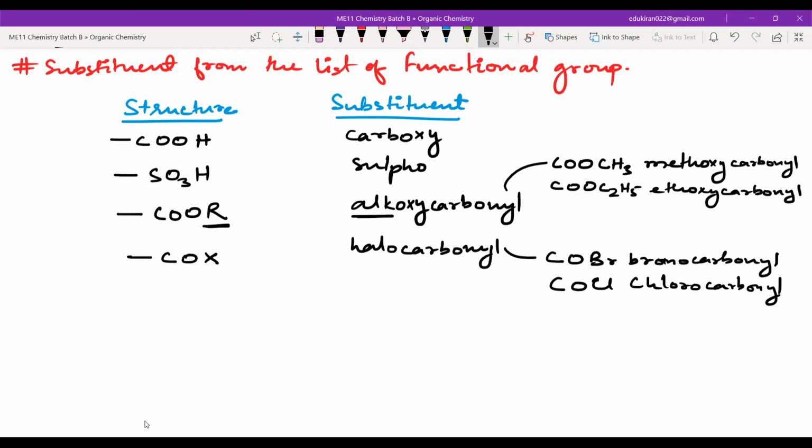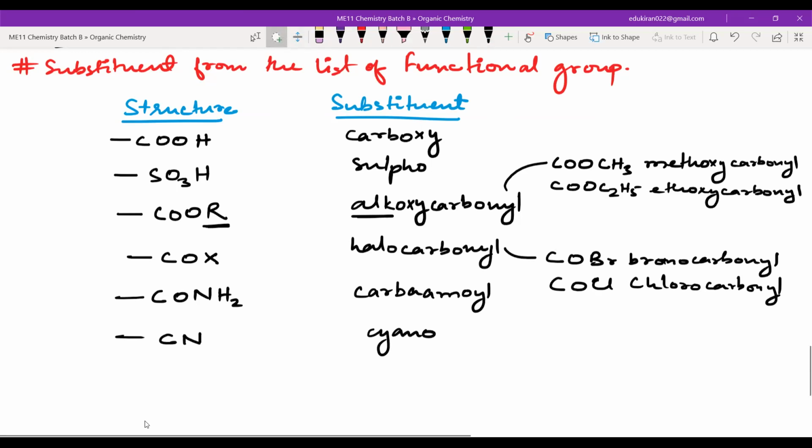Now you can also have CONH2. If you have CONH2, this will be carbamyl. If you have CN, this will be known as cyano, not nitrile. Nitrile is the functional group name.